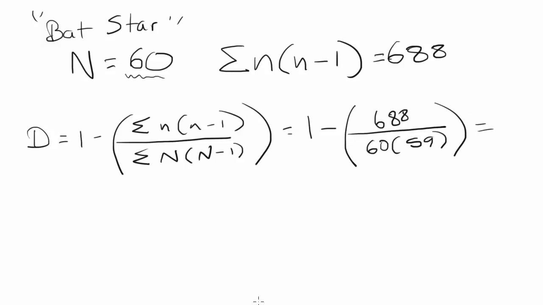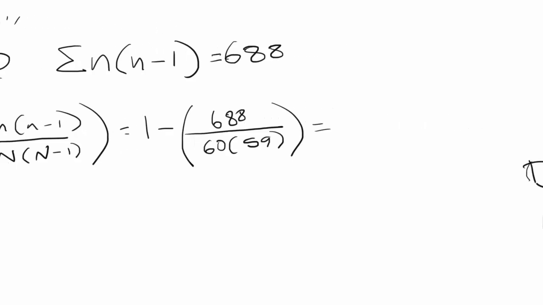I'm going to go to my calculator here. 60 times 59 equals 3,540. That's going to be my value there.